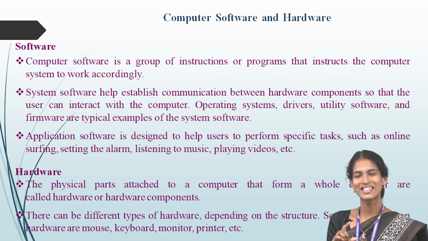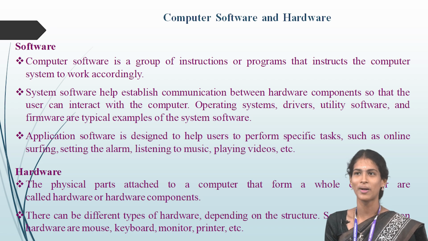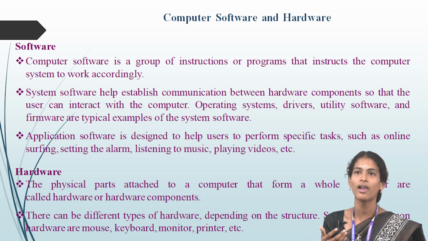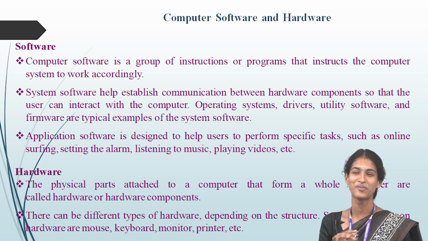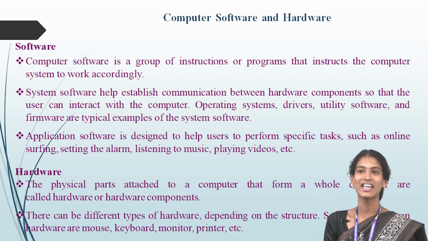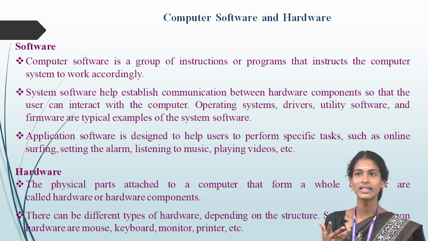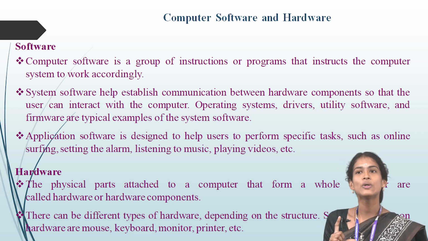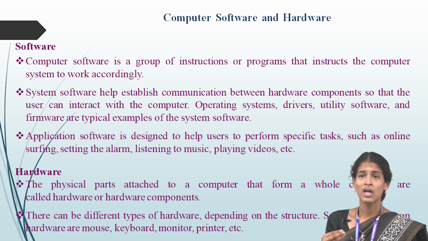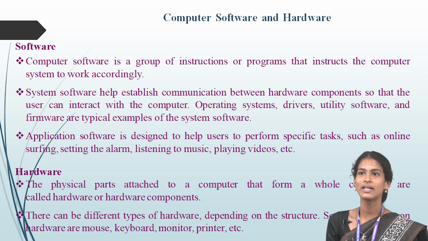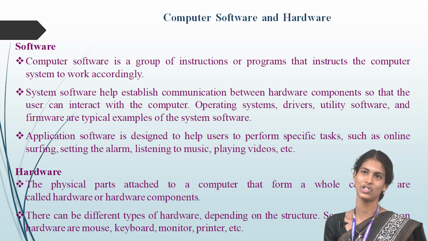Application software is designed to help users perform specific tasks such as online surfing, setting the alarm, listening to music, playing videos, photo designing, editing, etc. This type of software mostly runs on the front end and allows the end user to work on it. Web browsers, Photoshop, multimedia software, and word processors are examples of application software.